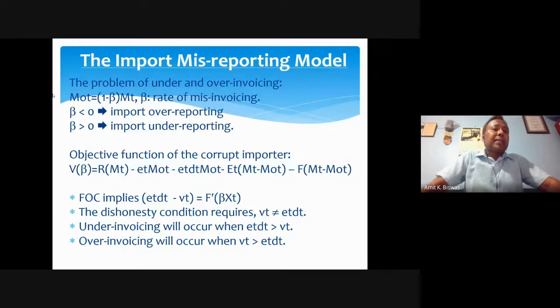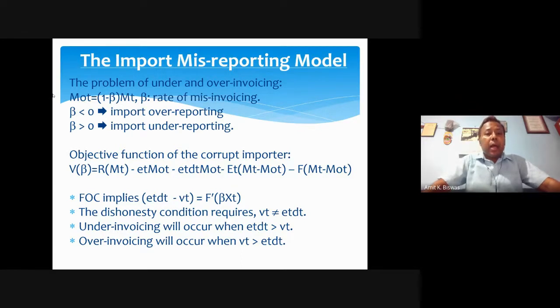Himadrija pays tariff not on 10,000, which is her actual import. She pays tariff on her reported import, which is 5,000, and therefore the third component of this objective function is ET DT into MOT. MOT is Himadrija's reported import, DT is the tariff on the reported import, and small et, as you know from the last section, is your official exchange rate.